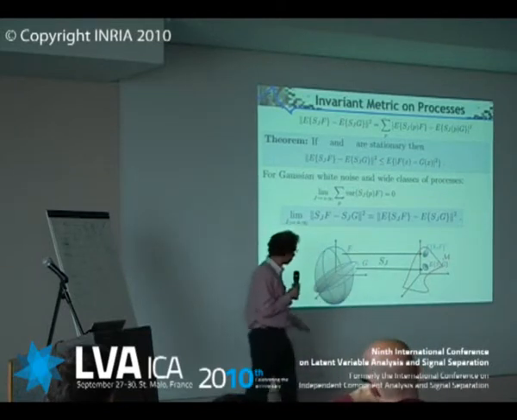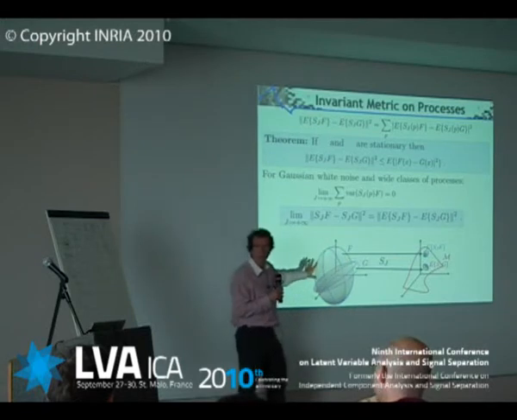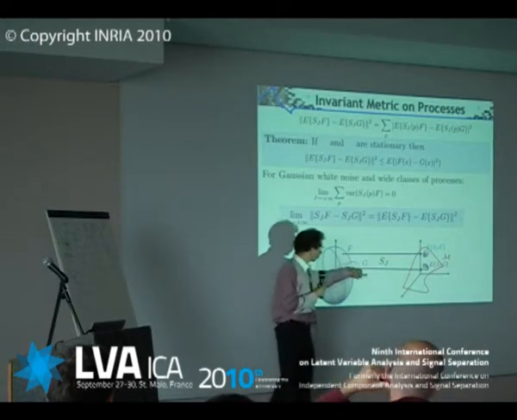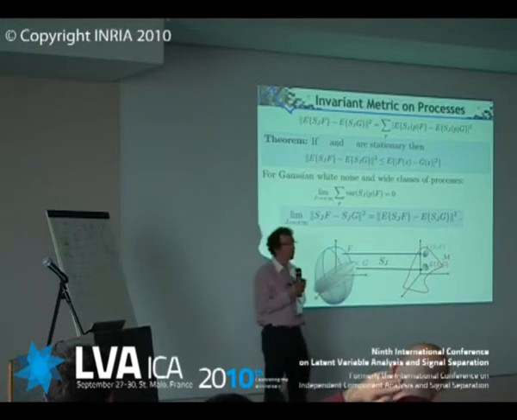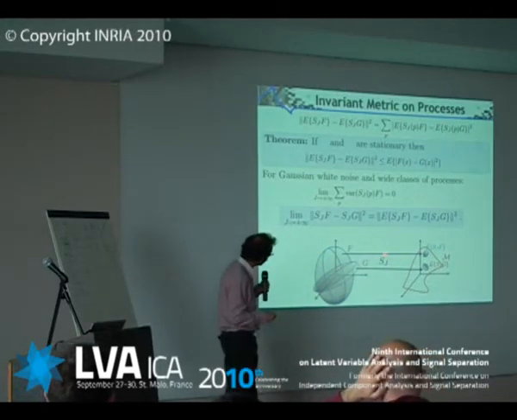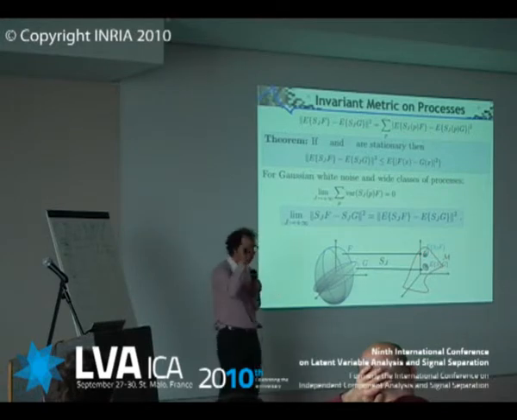Let me give you a picture of that. Take a white noise. It's basically living everywhere on the sphere. Or another Gaussian process, or not Gaussian processes. That's another process. What I'm saying here is that these two processes are going to be mapped in the neighborhood of a point in my transform domain. It's going to be mapped in a very small ball, and the ball is going to decay to 0.